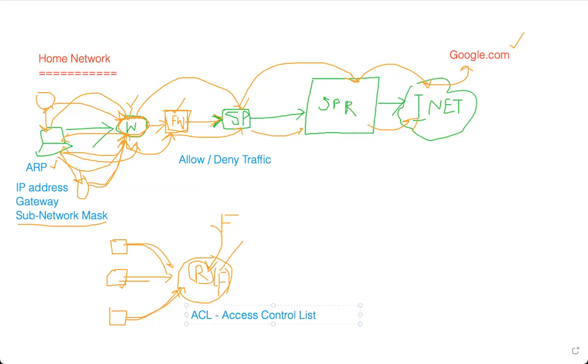Okay. But this cannot do, for example, it cannot control at the application level. What does that mean, right? Let's talk about that in a second now. For example, there is a user.